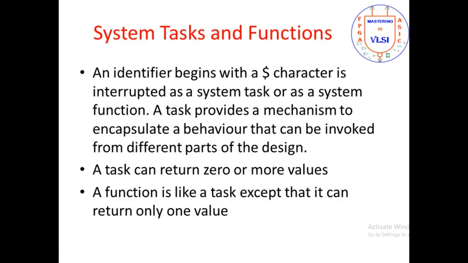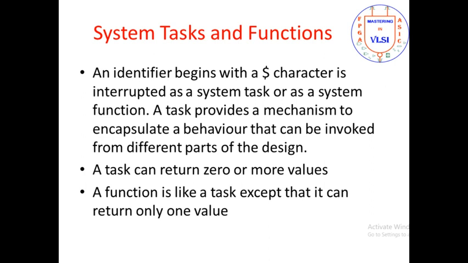What is the meaning of system tasks and functions? We use system functions and tasks anywhere, especially on the verification side. An identifier beginning with the dollar character is interpreted as a system task or a system function. A task provides a mechanism to encapsulate a behavior that can be invoked from different parts of the design.